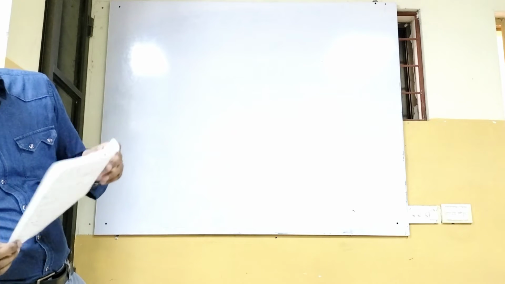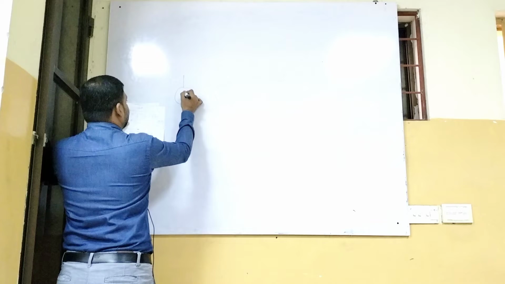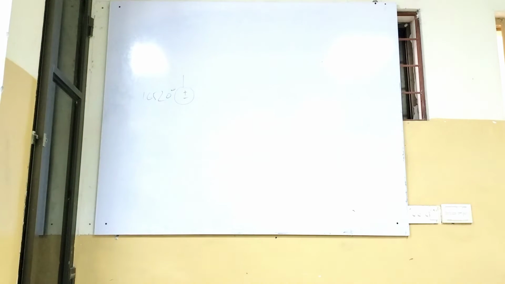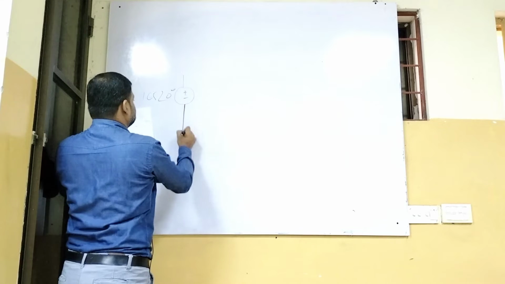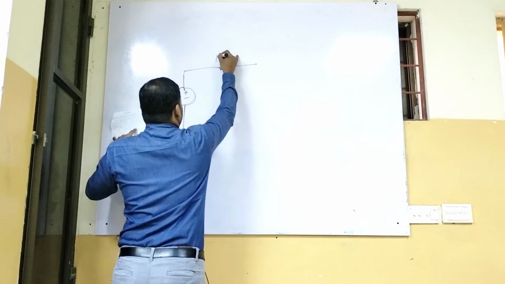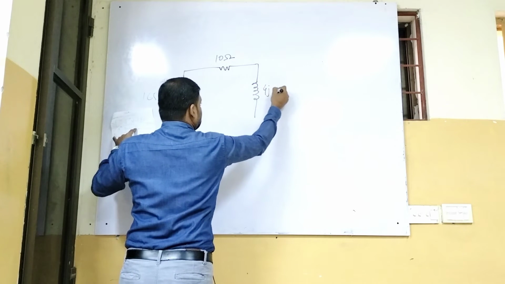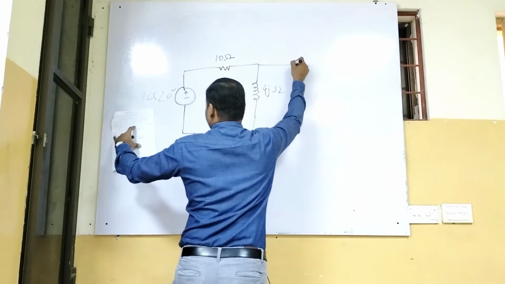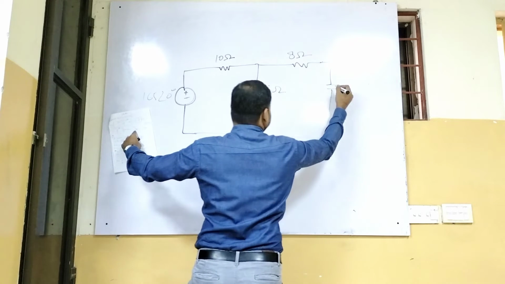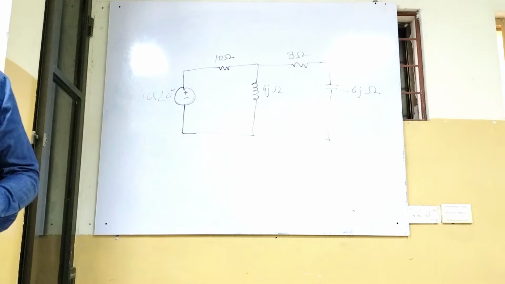A resistor is connected to the... Okay, this is a circuit.